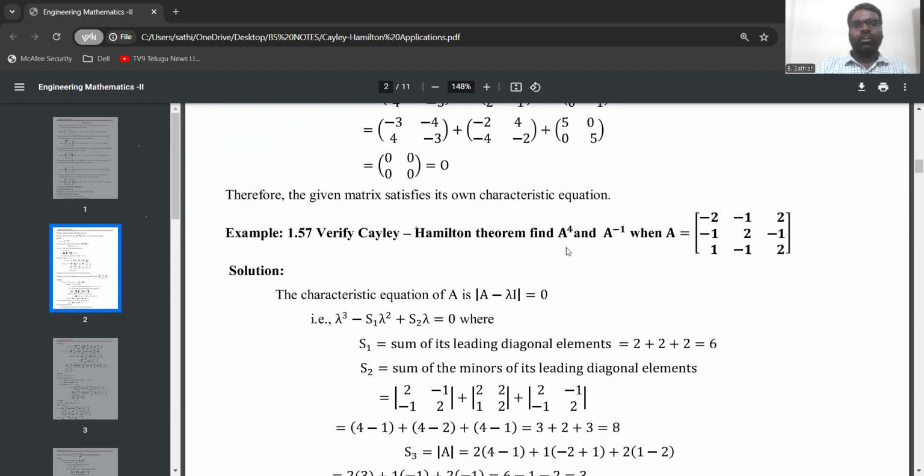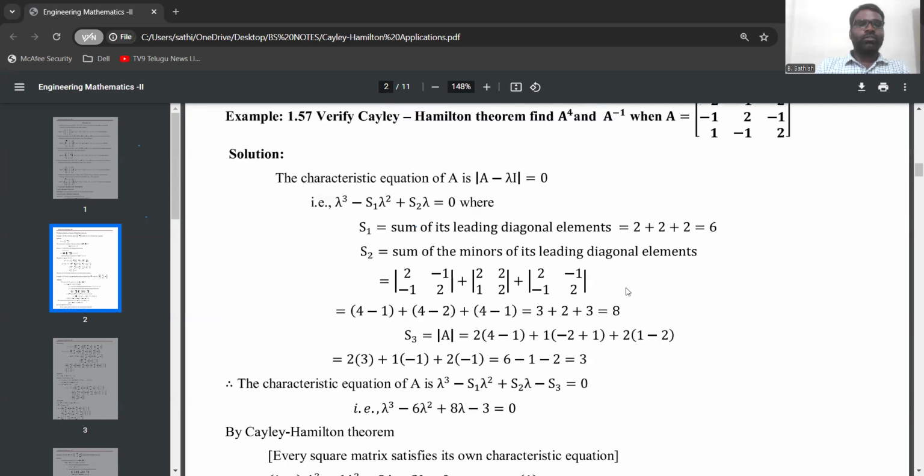Here we need to find A power 4 and A inverse, when A is the 3 by 3 matrix: minus 2, minus 1, 2; minus 1, 2, minus 1; and in the third row, 1, minus 1, 2. For the given matrix, we have to find A power 4 and A inverse.